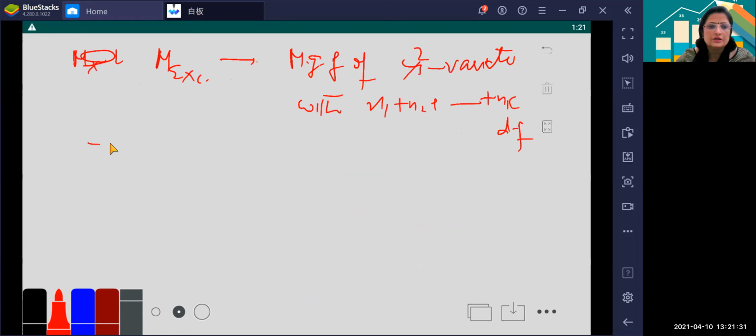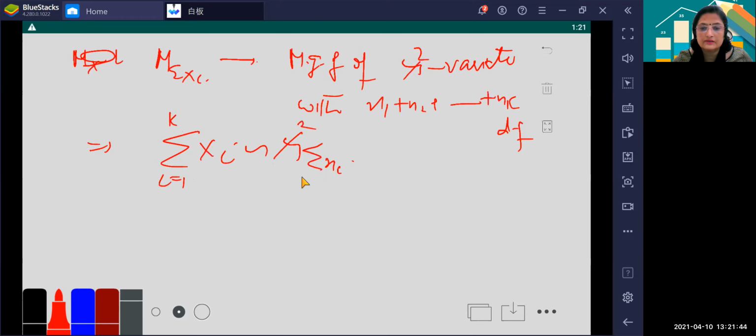Okay? So it implies by the uniqueness theorem of MGF, the summation i running from 1 to k xi, this variable follows chi-square distribution with summation ni degrees of freedom. So this is the proof.